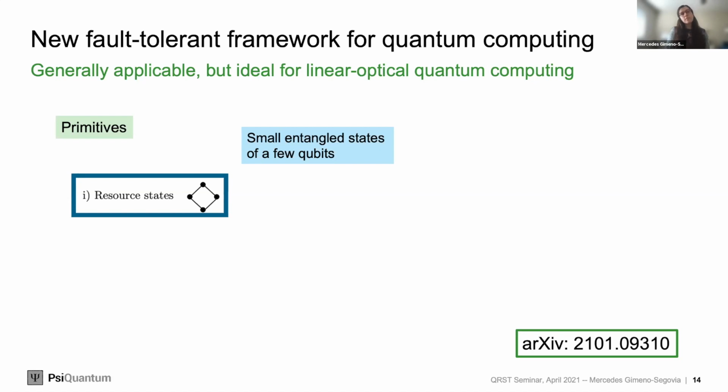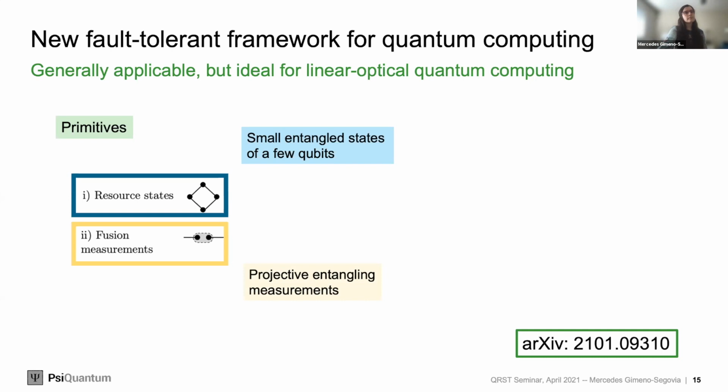The other important thing that I will emphasize a little bit later is that because they're small, the amount of error that can have been accumulated on the generation of that state is usually low, but most importantly is constrained. And secondly, we have fusion measurements, which are projective entangled measurements that I have shown you already.